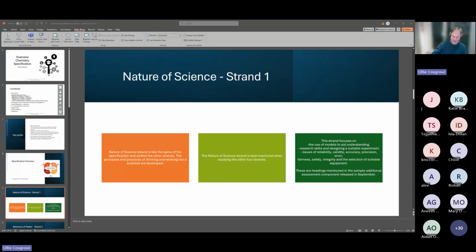You can see the slides, brilliant. So just checking, is it better if I do it like that, the way it is now, rather than going full screen? I'll keep going the way it is now.